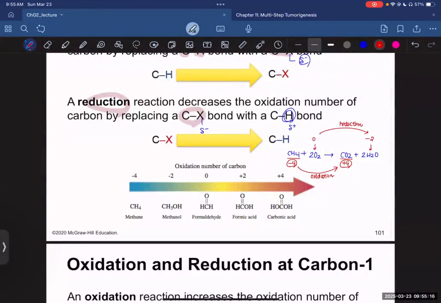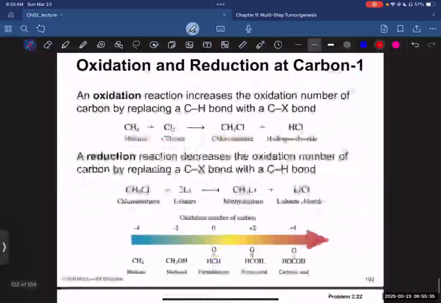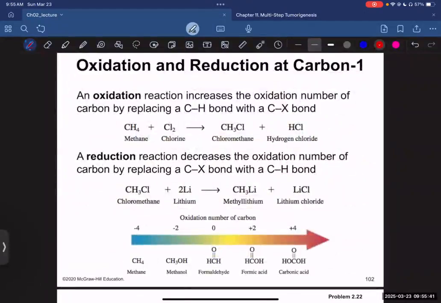So in a chemical reaction, something is always going to become oxidized and the other is going to undergo reduction. There's usually no case where they only undergo oxidation in one case and then the other doesn't undergo reduction. They usually complement one another. Now, when we look at an example like so, this is also showing us an oxidation and a reduction reaction.